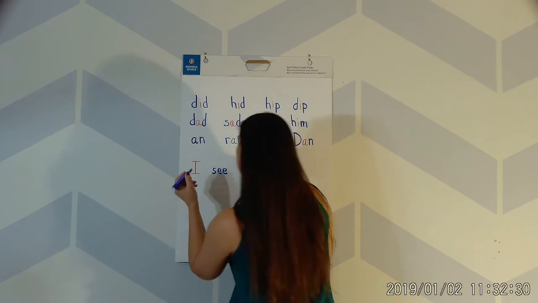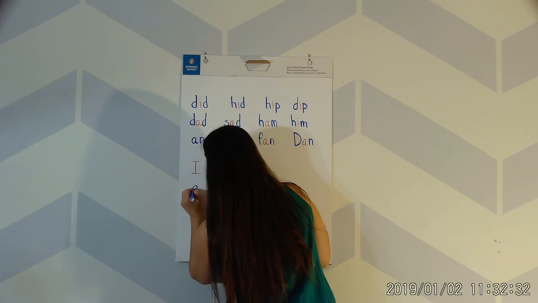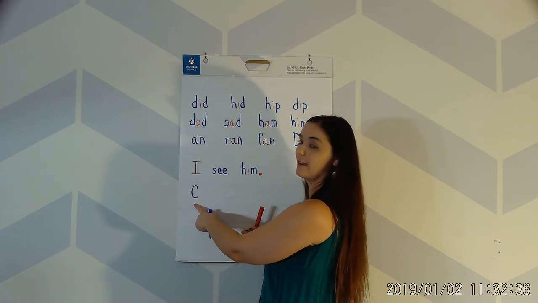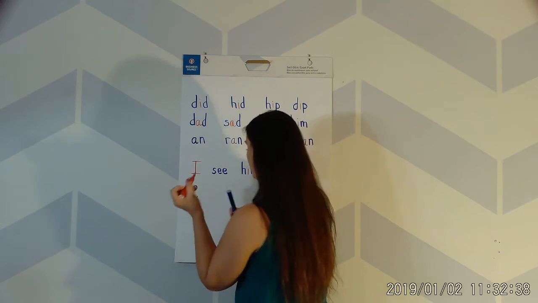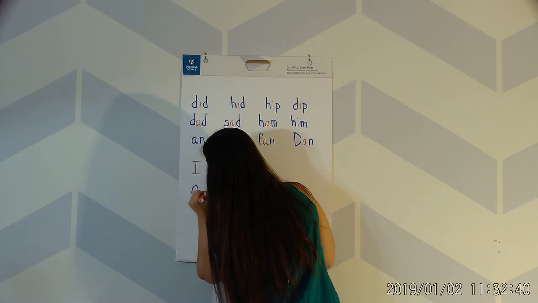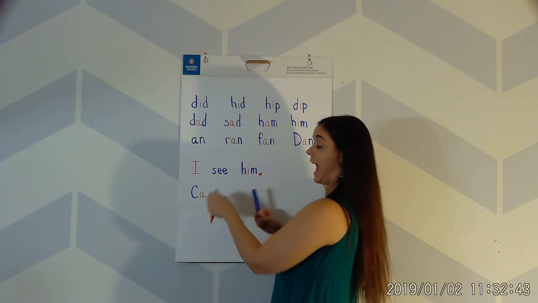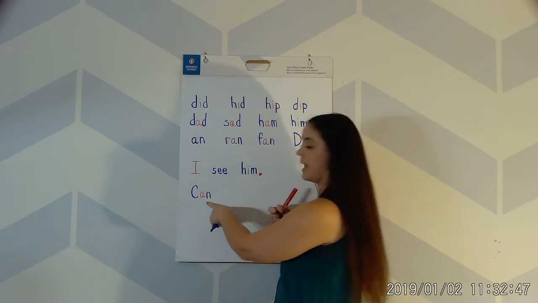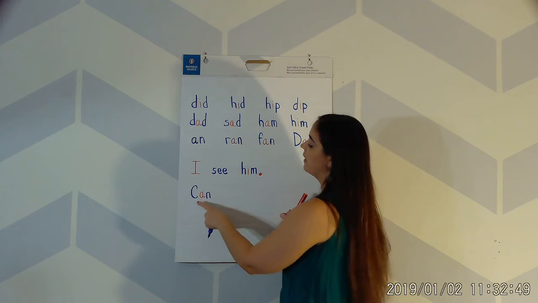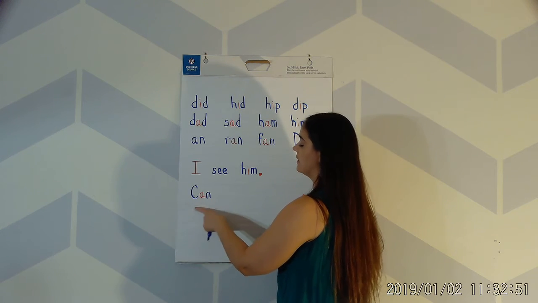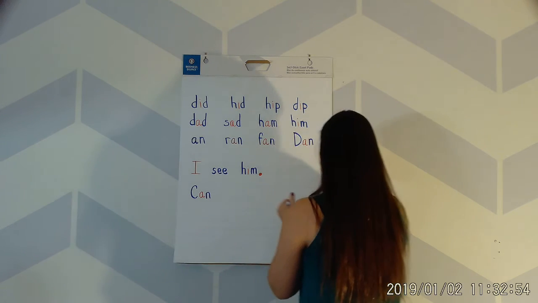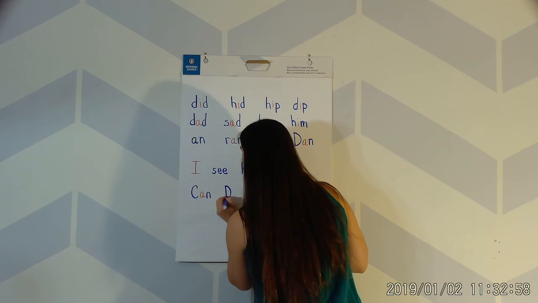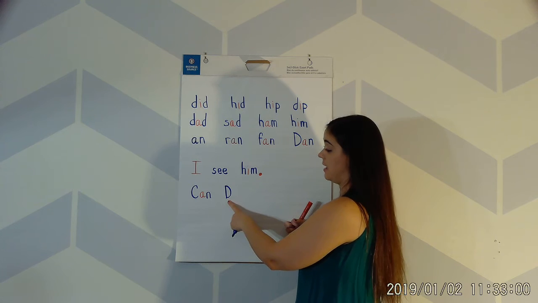All right, so next sentence. This one's a little teeny tiny short one. So capital C says ka. A says a. N says n. Let's blend. Ka, a, n. Can. And D says duh.